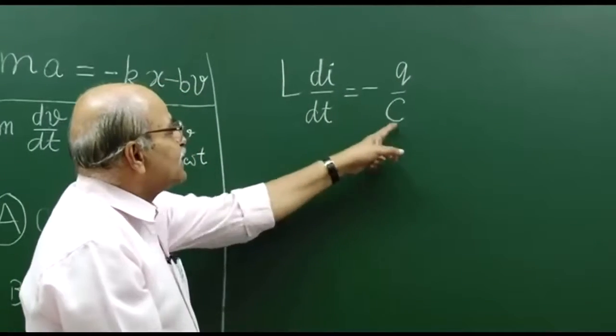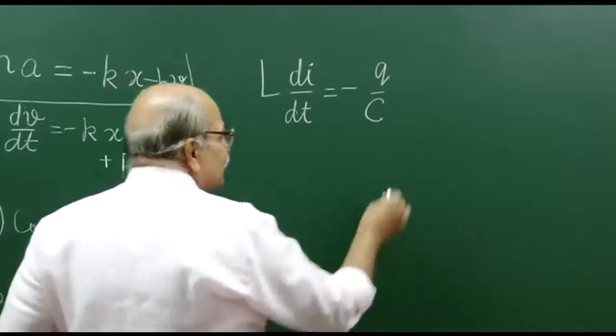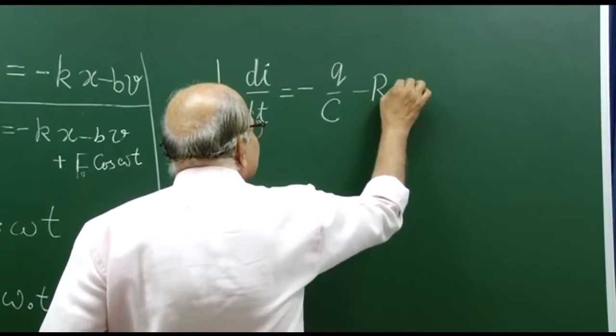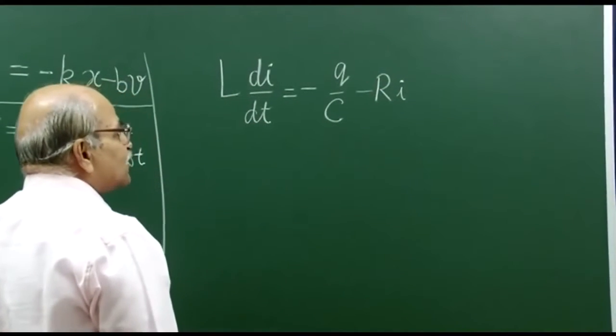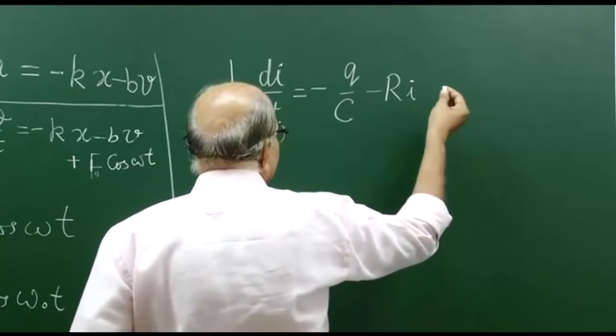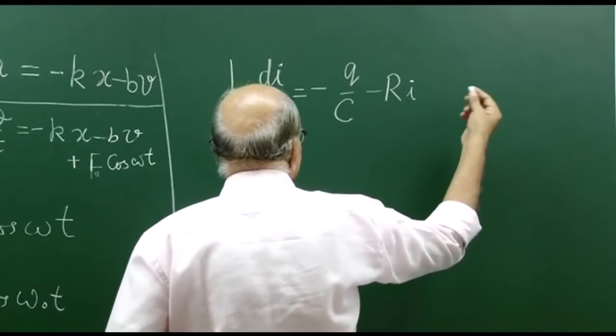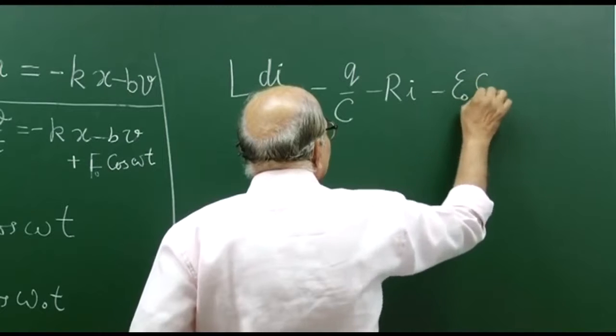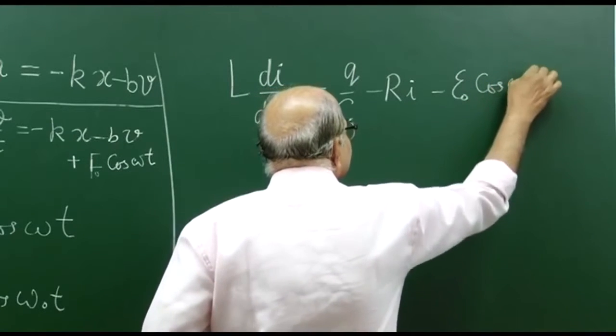The natural frequency is decided by L and C, and then you have this damping or dissipative term R times I, and now you have an extra term, E. So, I can write E naught cos of omega t.